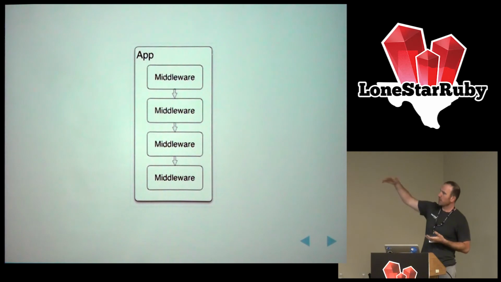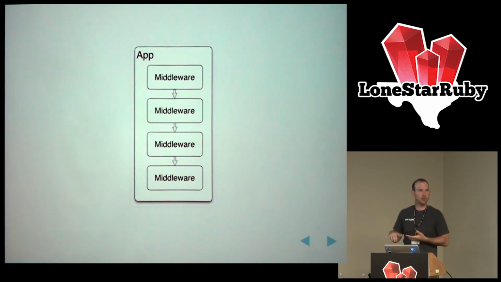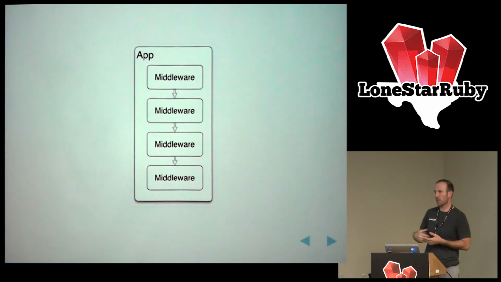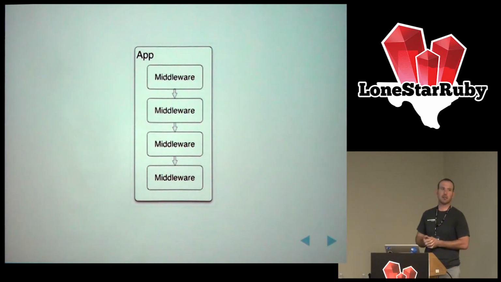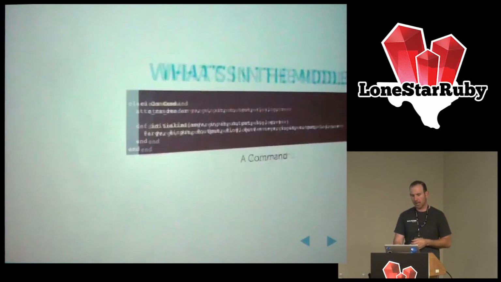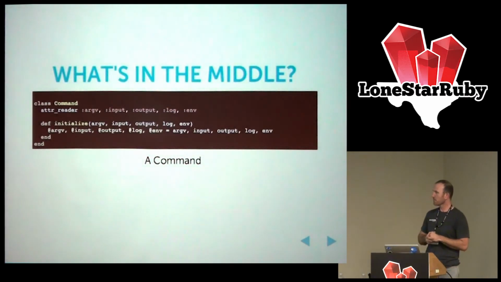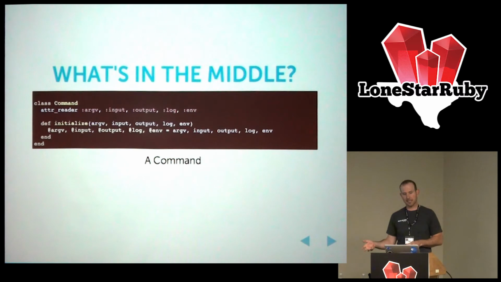Middleware is just a pattern where you have an application that's comprised of little bits that share a uniform interface and yield control one down the other through the chain. If you've used Rails, probably everybody's familiar with what middleware is. The question is why is this appropriate for a command line interface? But first, let's look at what middleware in a CLI context looks like.